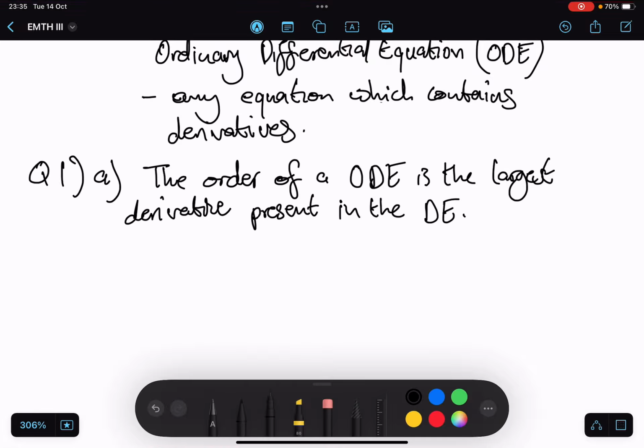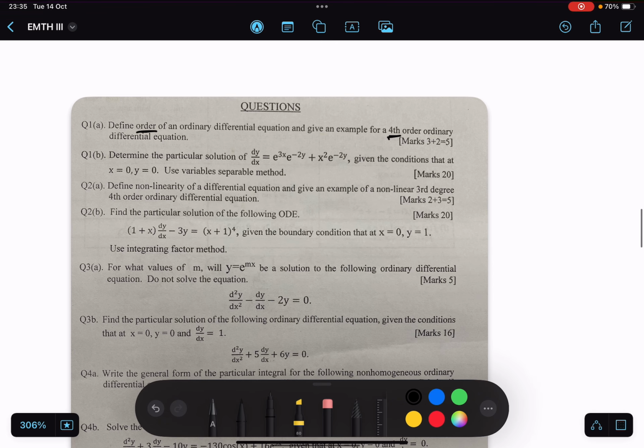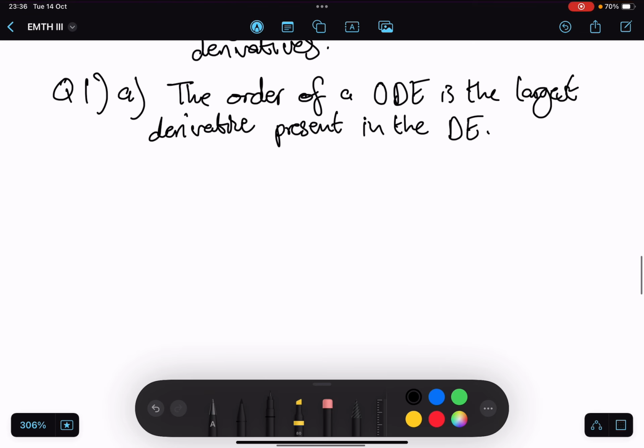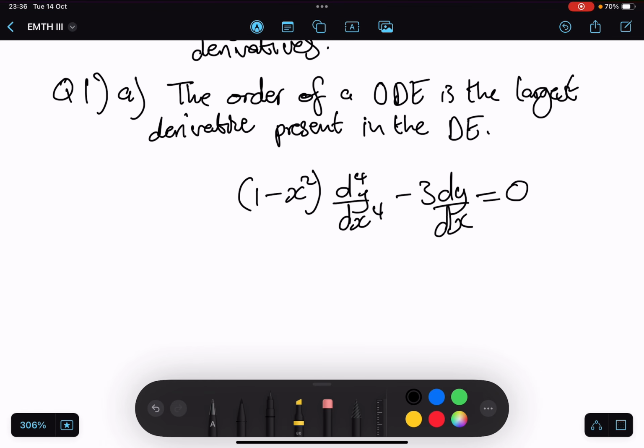So if you are looking at an example of a fourth order ordinary differential equation, we can have, let's say, (1 minus x squared) d⁴y/dx⁴ minus 3 dy/dx equals 0.